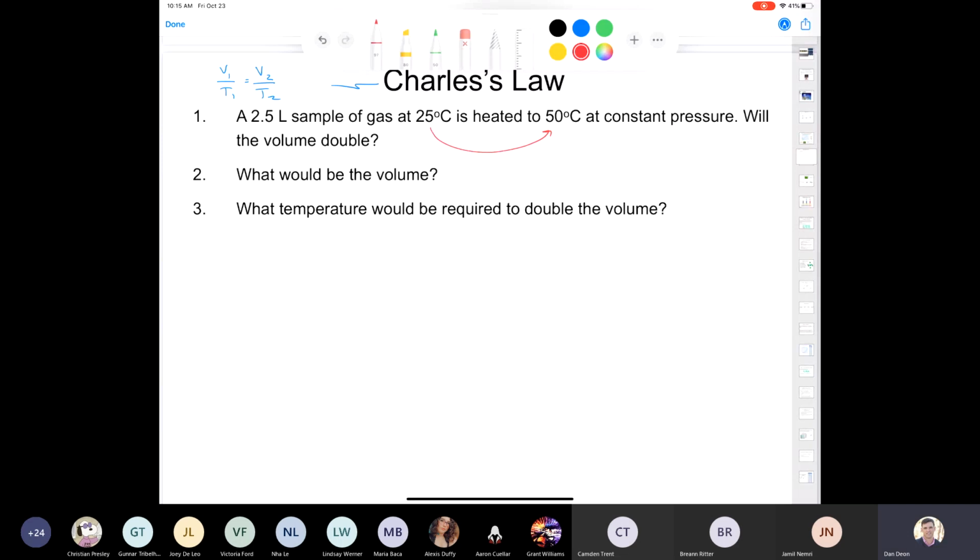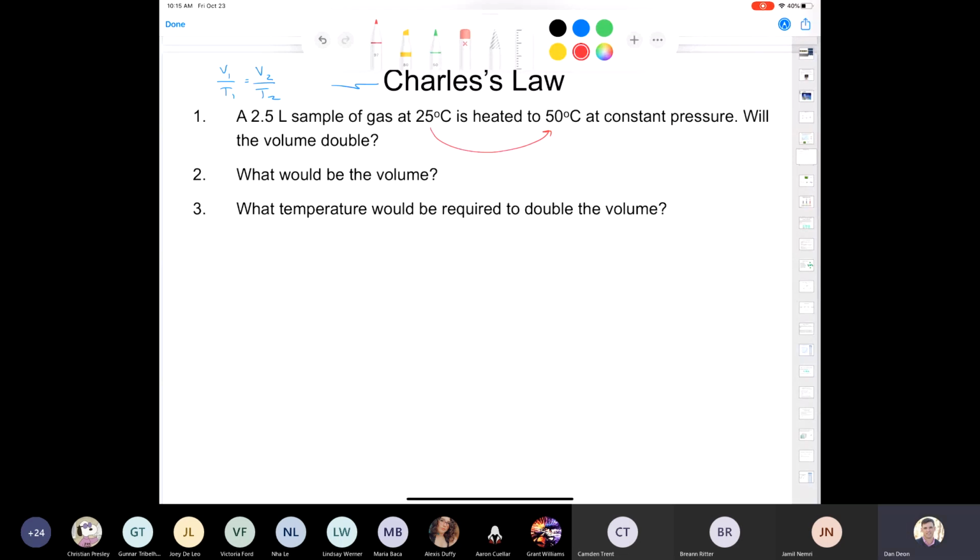Jamil, you're very sharp. I've asked this question to many students, and they'll say, yeah, temperature's doubling, volume's going to double. Jamil, why did you say no? You've got to have a good reason, because I just said temperature doubled. It could be a very short answer.